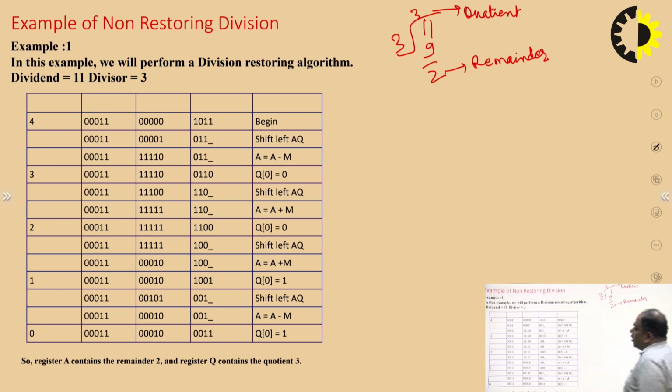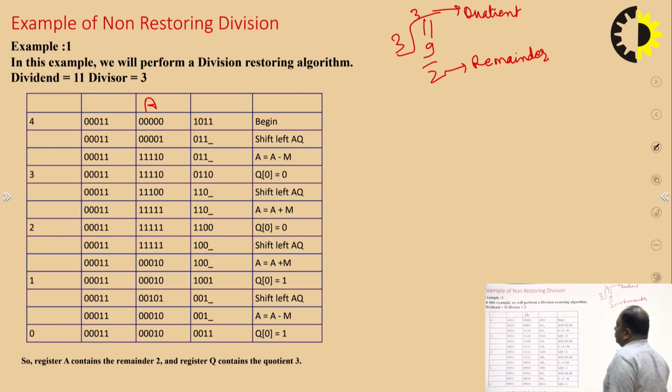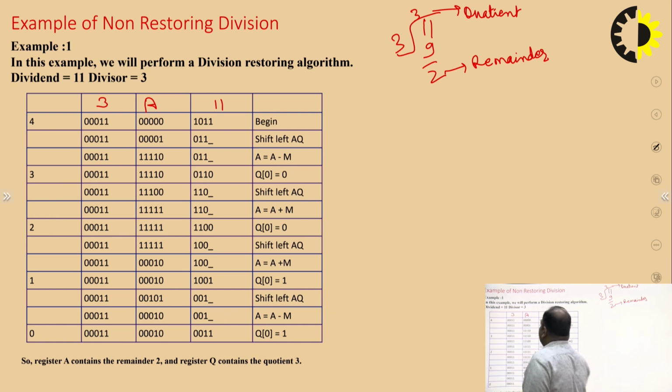So we start by checking the sign bit of A, which is 0. A is initially 0, and M and Q are 3 and 11. Here we represent 11 and here we represent 3.